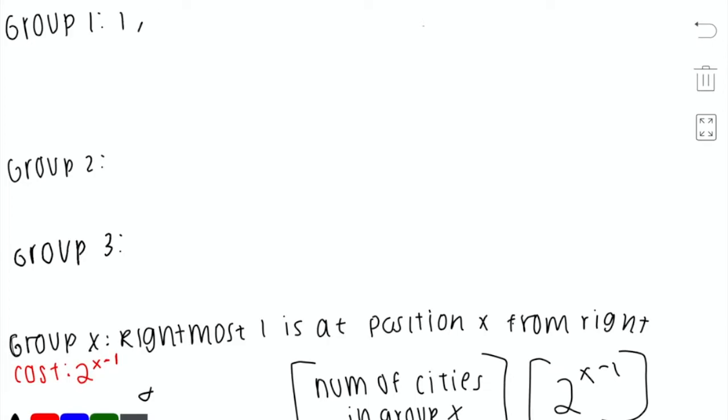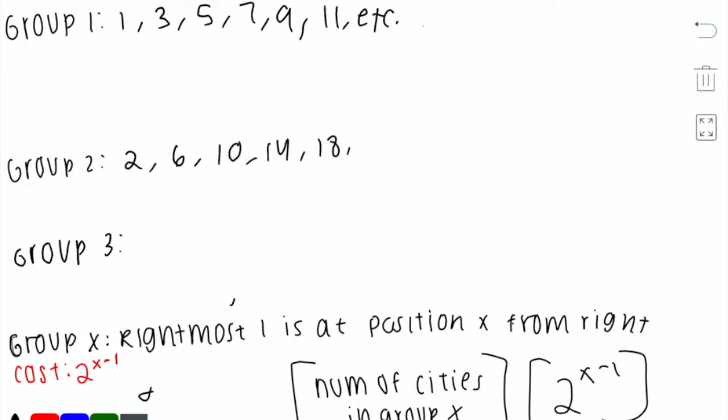So it would be 1, 3, 5, 7, 9, 11, etc. Then the numbers in group 2 would be 2, 6, 10, 14, 18, etc. And if we figure out what the numbers in group 3 are, we would get 4, 12, 20, 28, etc.